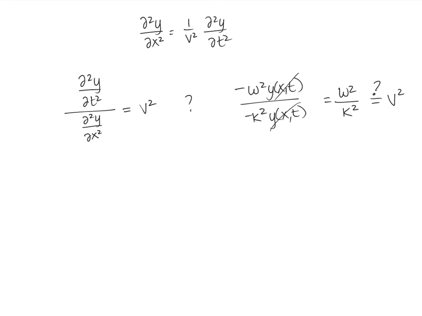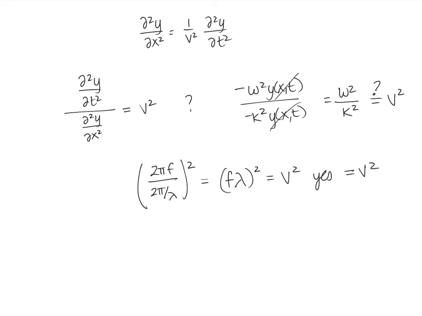Well, let's see. Omega is 2 pi f, and k is 2 pi over lambda, so that's squared. The 2 pi's are going to cancel out, and I'm going to get f times lambda, squared, which is equal to v squared. So, yes, it's equal to v squared, which we found.